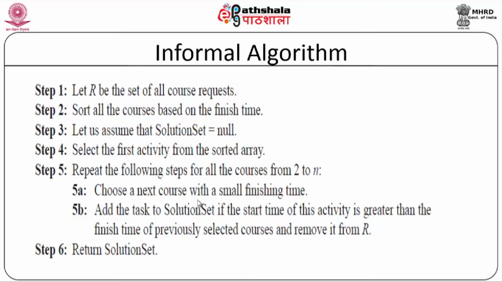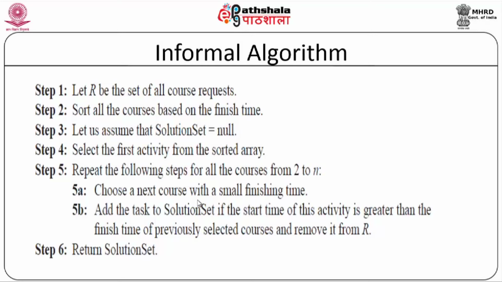In other words, these courses should be mutually exclusive in terms of the start and finish time, then only these courses are feasible. I can also give you another example. Suppose you consider reading as one activity, television watching is another activity, these two activities cannot go together. So, either I have to finish TV watching, then I have to study. This is what this algorithm is all about.